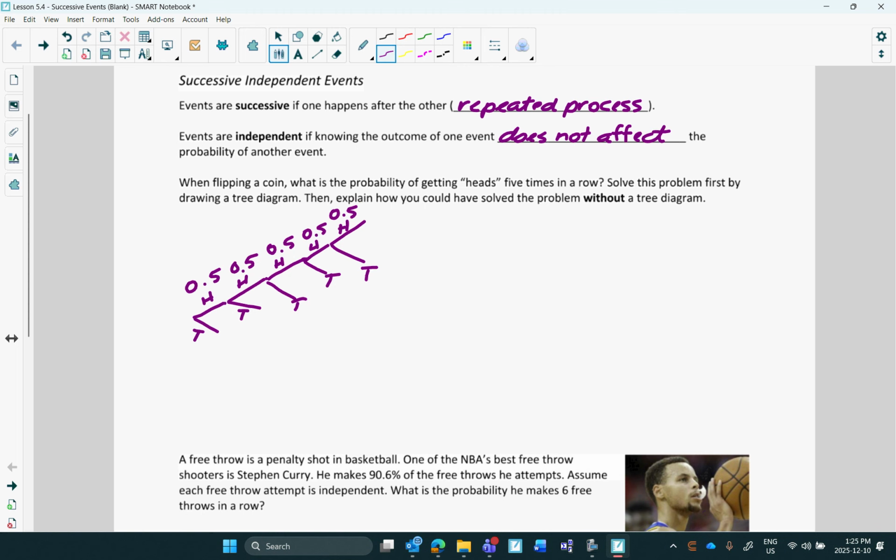So if we want to find the probability of heads and heads and heads and heads and heads, what do I do with all these 0.5s? Multiply. So the probability is going to be 0.5 times 0.5 times 0.5, or what's an easier way to say it? 0.5 to the 5th.